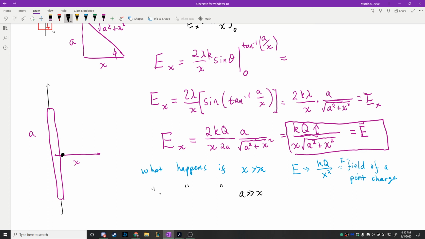So if I make a much, much bigger than x, can I go through the limits? I'm sorry, what do you mean? You want me to go back to the one we just did here? The limits on the integral?